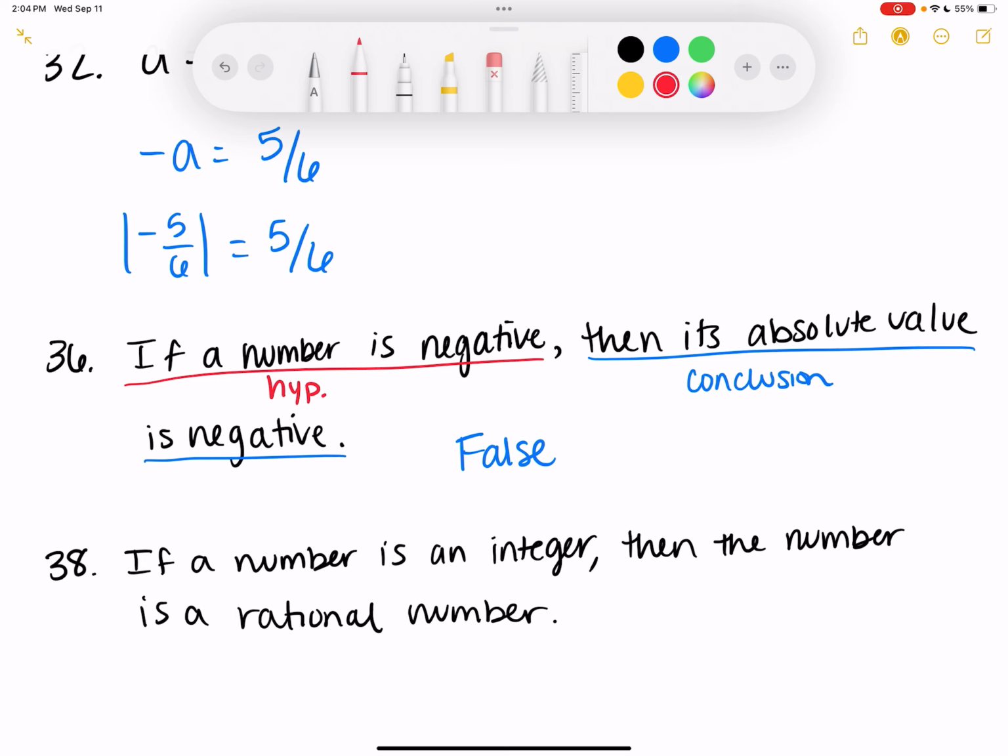If a number is an integer. If you just want to put an H over it, underline it, something like that is fine. But don't just underline and not put anything else, because that doesn't tell me that you know what you're doing. And then what's the conclusion part? Then the number is rational. Yep. Is this true or false? True.